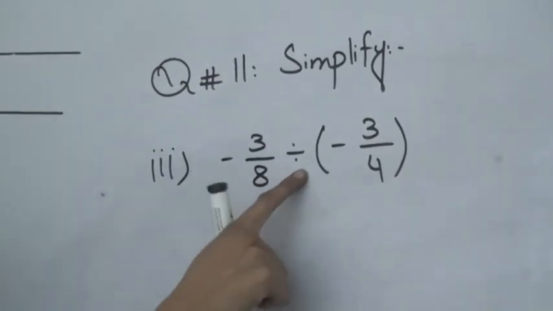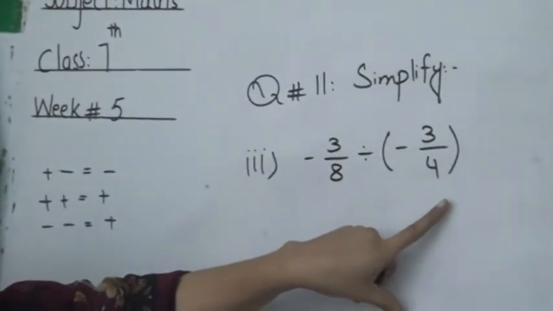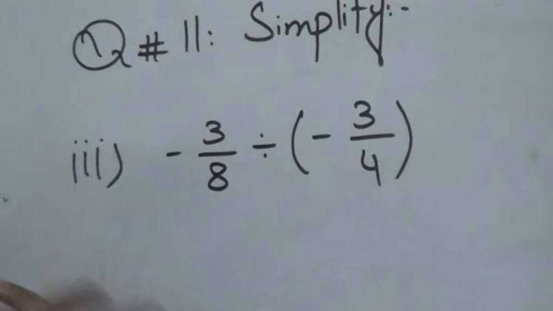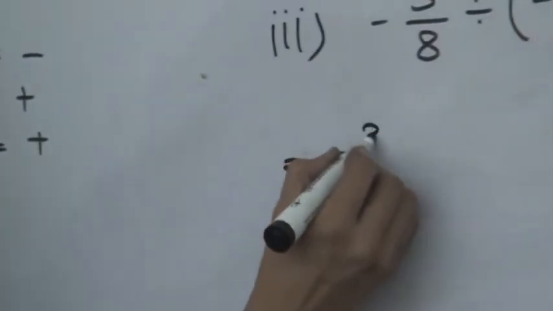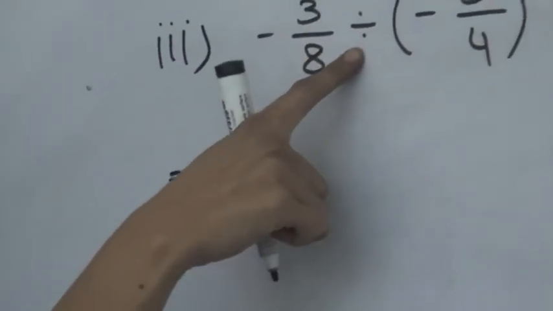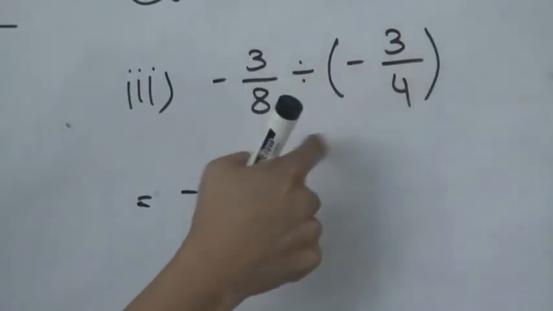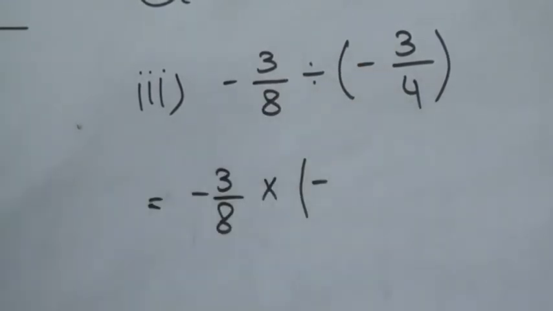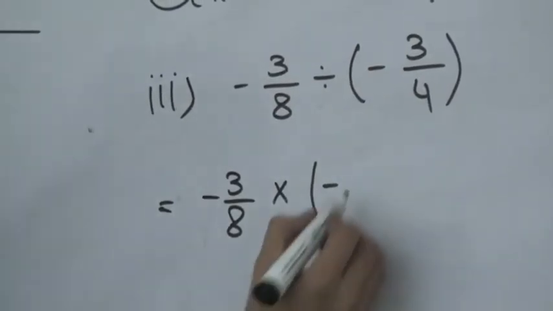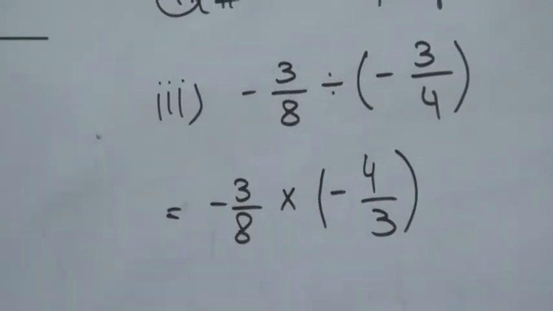Then when we change the division sign into multiplication, the next rational number will become the reciprocal of itself. Means when we change the division sign into multiplication, it will make the next number the reciprocal of itself. The reciprocal of minus 3 by 4 will become minus 4 by 3. This is the reciprocal of 3 by 4.